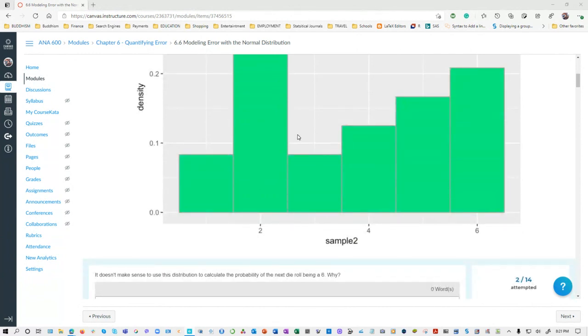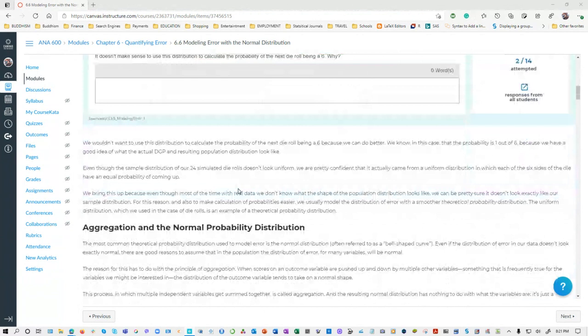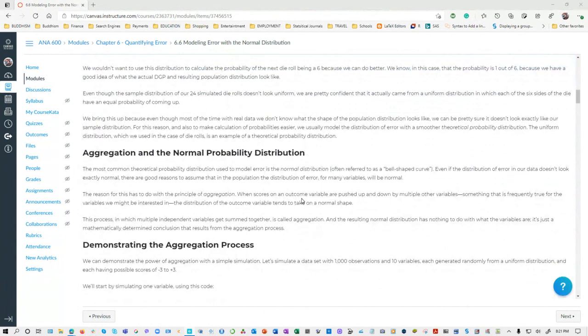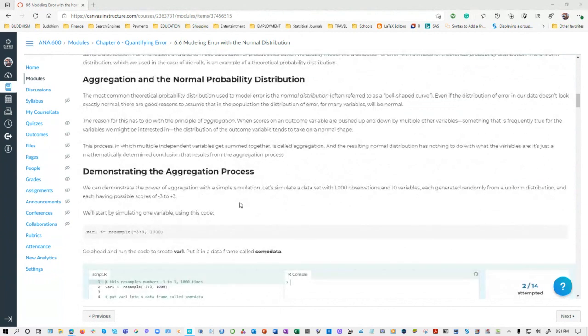But in most cases, even though you know the histogram, the shape, you don't know what the population distribution looks like. That's why, for mathematical tractability and easiness, they come up with a certain distribution and say, let's use the normal distribution from now on. That's what they're trying to do for the population.